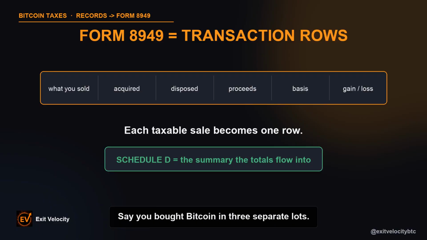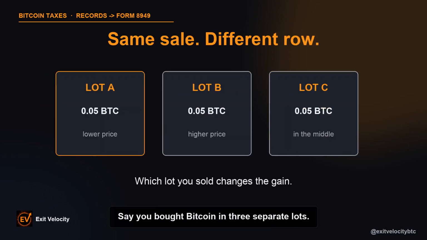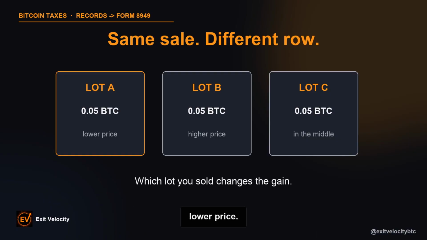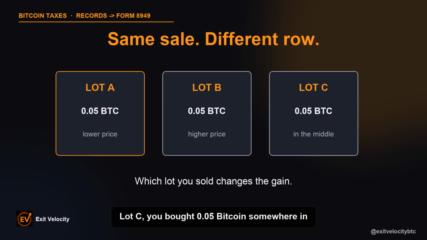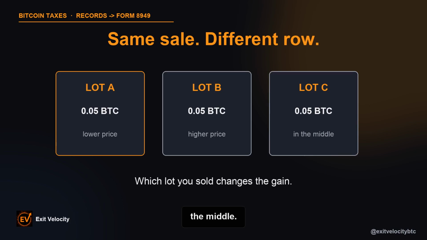Let's make this concrete. Say you bought Bitcoin in three separate lots. Lot A, you bought 0.05 Bitcoin at a lower price. Lot B, you bought 0.05 Bitcoin at a higher price. Lot C, you bought 0.05 Bitcoin somewhere in the middle. Later you sell 0.05 Bitcoin.